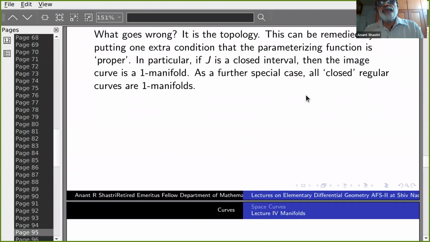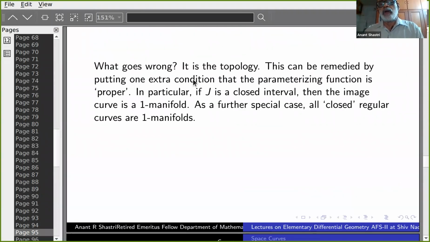So if we just take this one, what is wrong? It is the topology that's wrong. One can remedy the topology by putting an extra topological condition, like J is a closed interval. The moment it's a closed interval, it is compact. You can use the compactness, right?